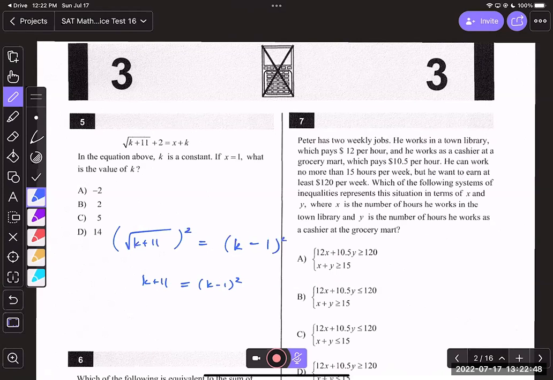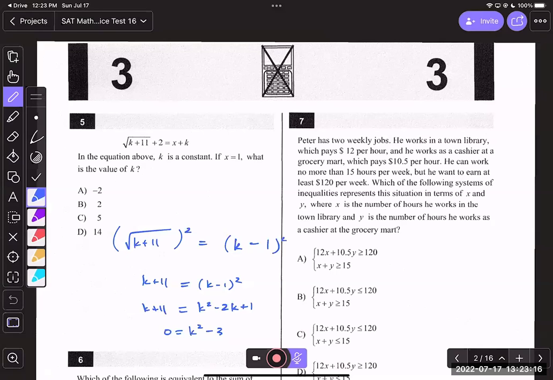What do we do at this point? You expand it. So it becomes k to the second power minus 2k plus 1, right? Yeah. And that's equal to k plus 11. Then you subtract 11, and I would also subtract k, right?